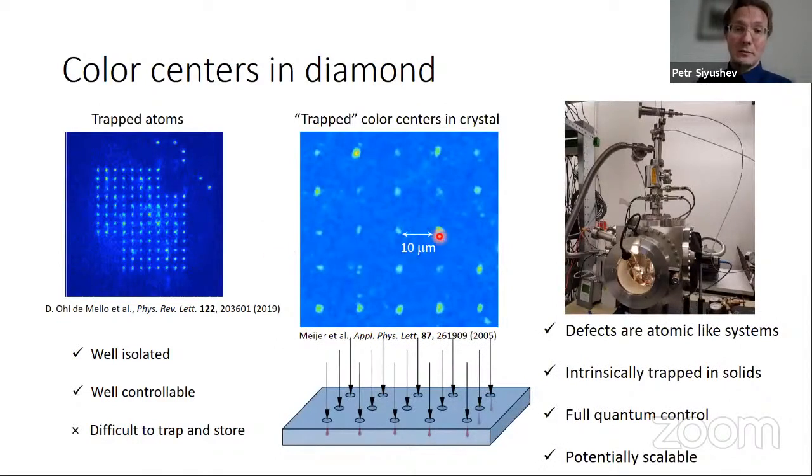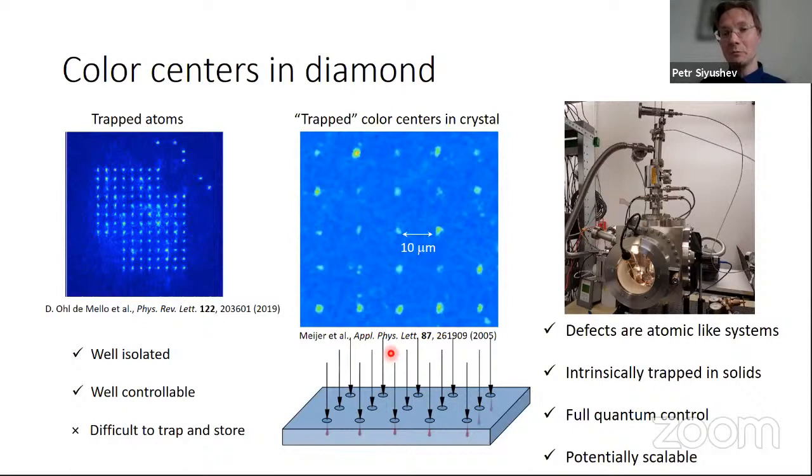And if you compare those two pictures, you would also see some spots, but these spots are single defects in a diamond crystal. Once you implant them, or create them by some other means, they are there forever.